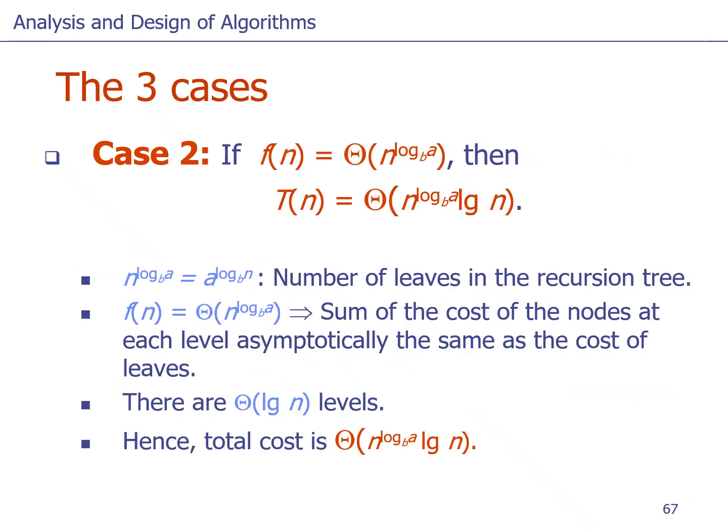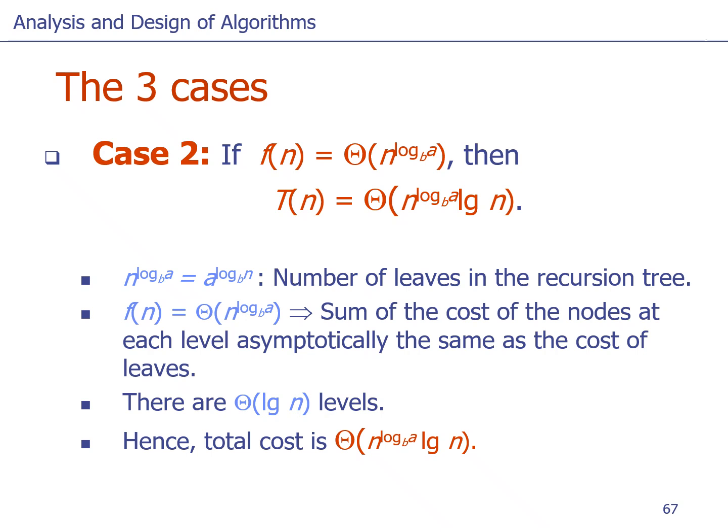Now in case 2, remember, they are equal. If what we do at the leaf level in terms of work is the same as the amount of work done at the root level, we can neither say that it's the leaf nor the root. It's both. It's everything in the tree.